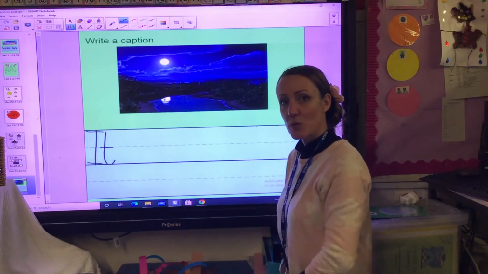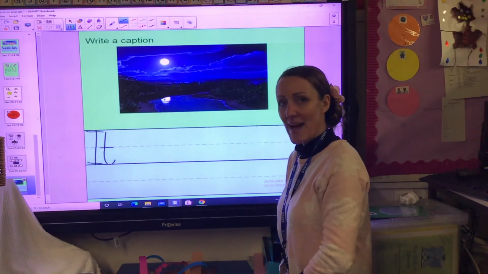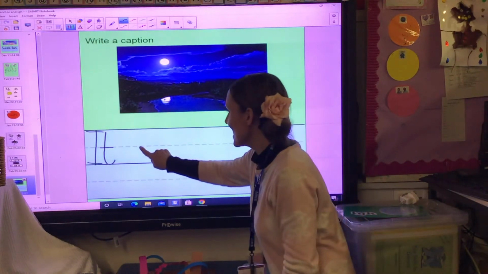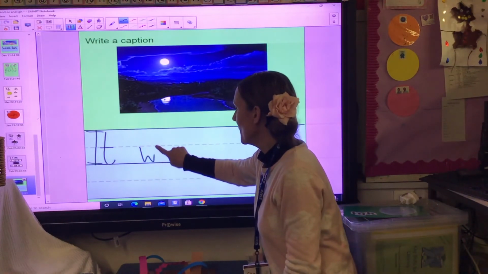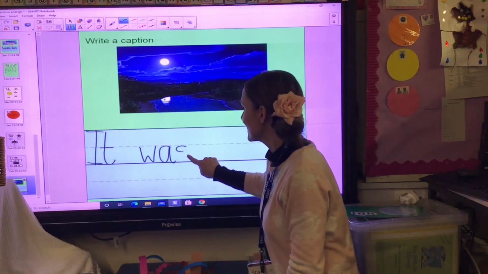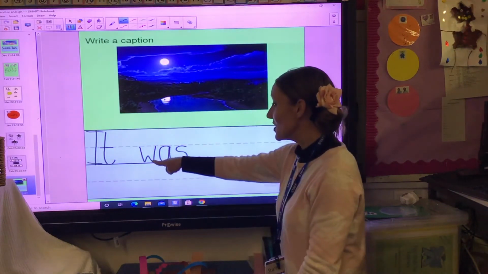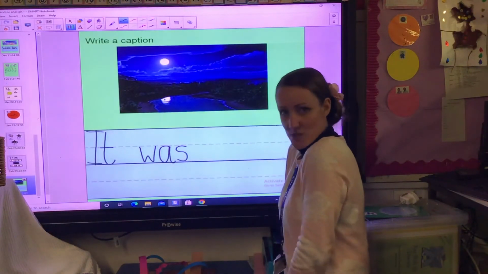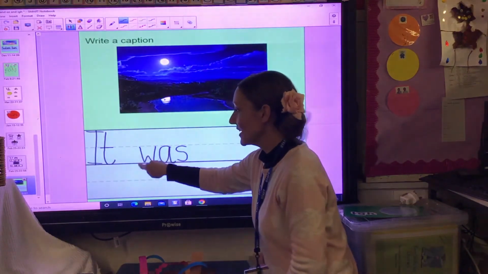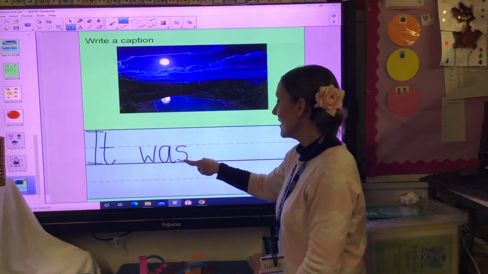It's one of the tricky words. I just have to remember how to spell it. But luckily, I can remember that it is W, and then it's the A and an S, and that spells the word was. It's one of those words, we just have to learn it, don't we? It, leave a gap, was, leave a gap.